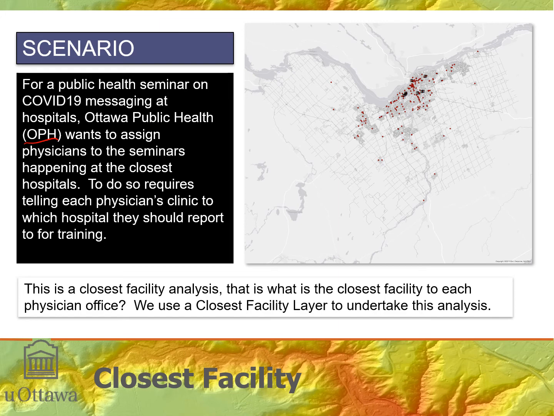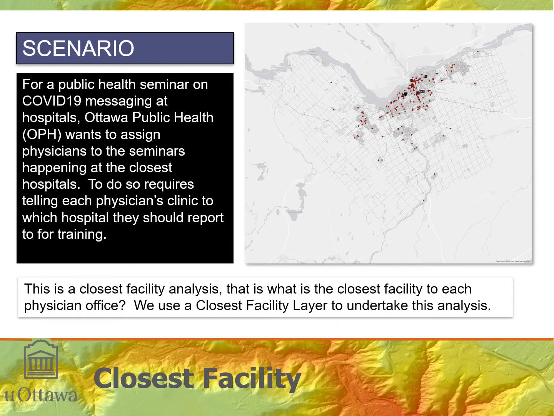So each physician has to be assigned to the closest hospital in terms of travel time for these seminars on COVID-19 messaging. So to do this, we need to know the physician locations and the hospital locations, like you see here on the little map.